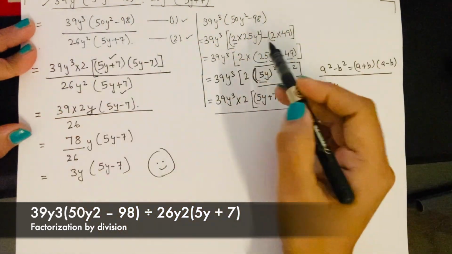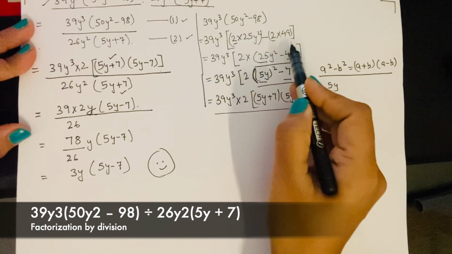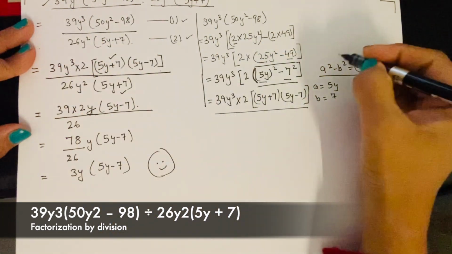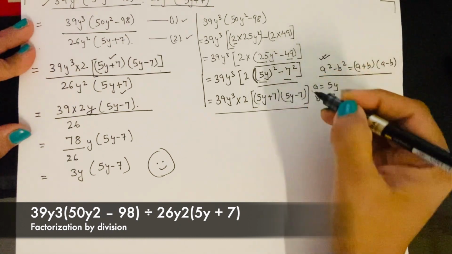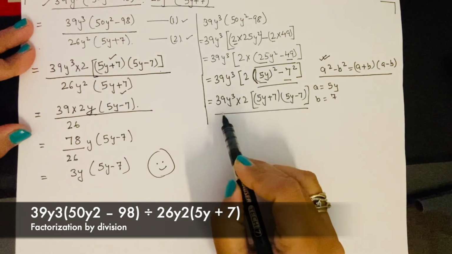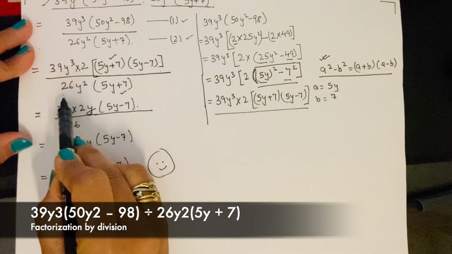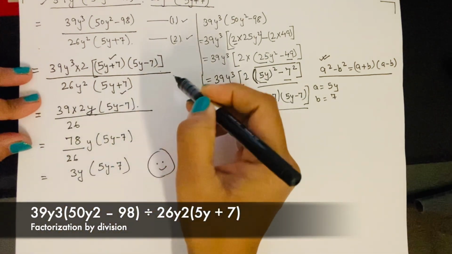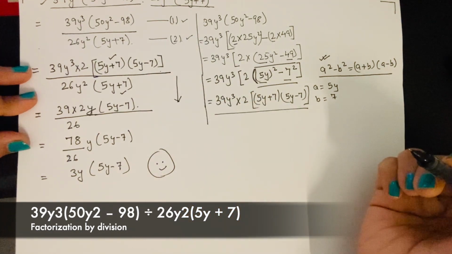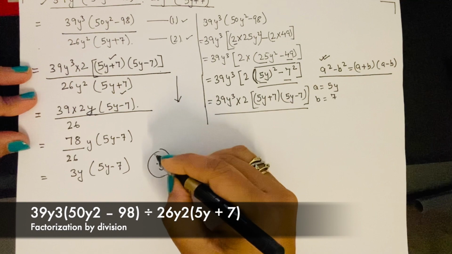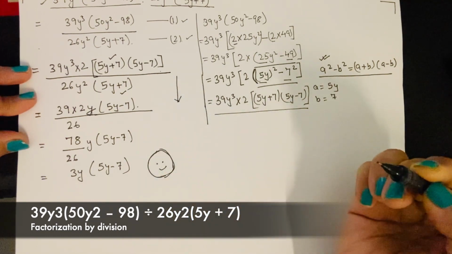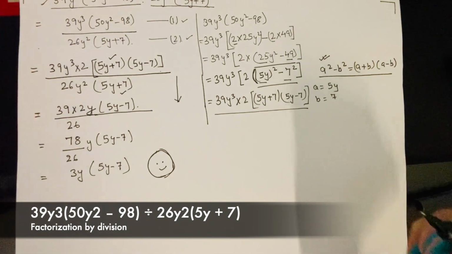In the first equation we took out the common factor, then applied this identity, and factorized the first equation, then divided it by the second equation, and the rest is simple calculation based on the concept. So I hope you understood this well. The more you practice, the more easily you will be able to solve it.